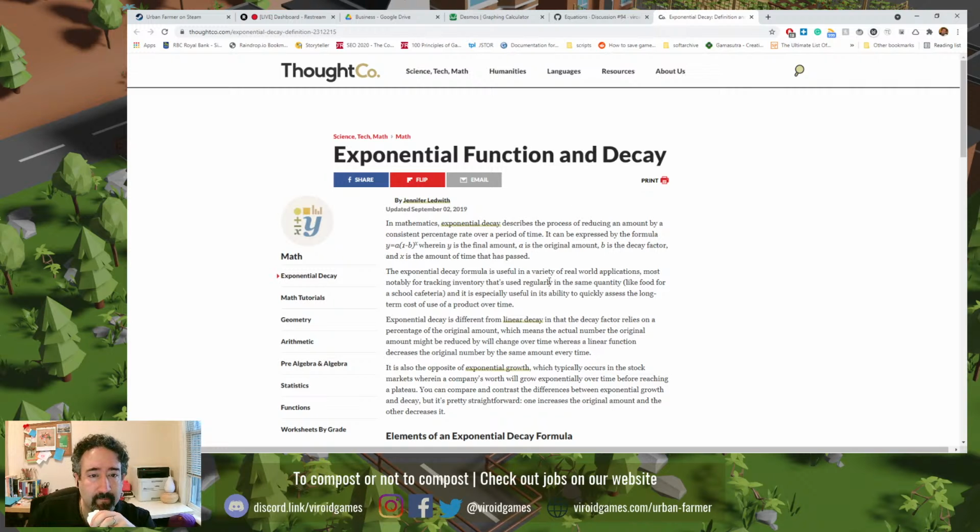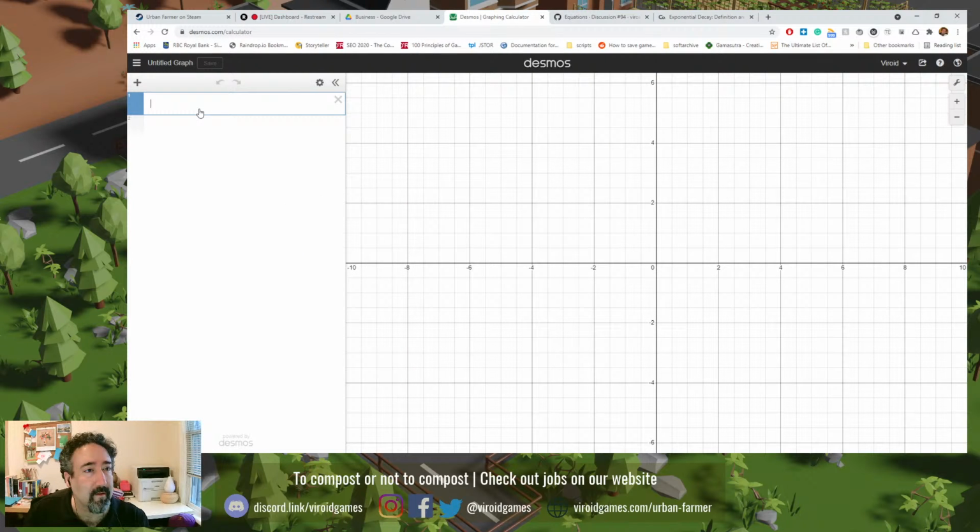Function and decay. So let's see if this tool that I'm using is going to accept this, or will define this. It does. I think we have to do the power here.